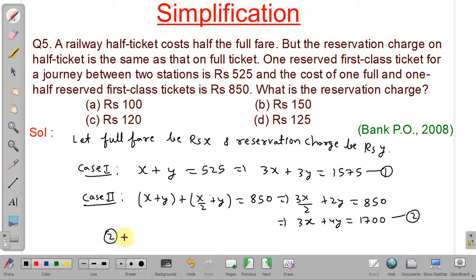So 2 minus 1, we get y is equal to 1700 minus 1575. That is 125, and we have to find y only because y is the reservation charge. So our answer will be option number D.